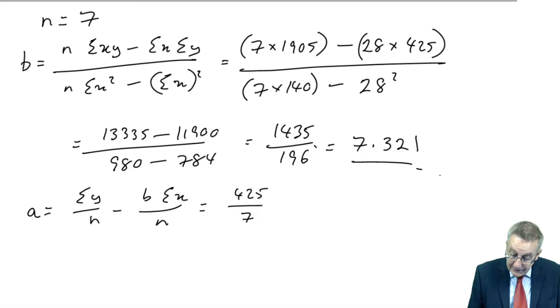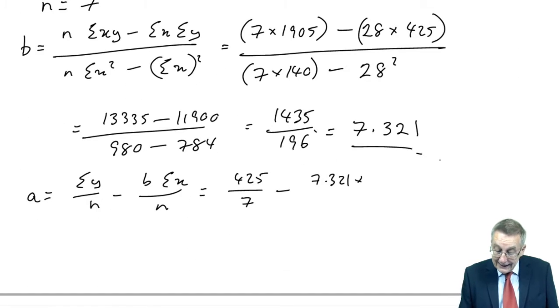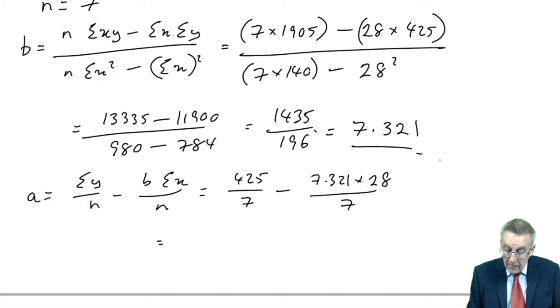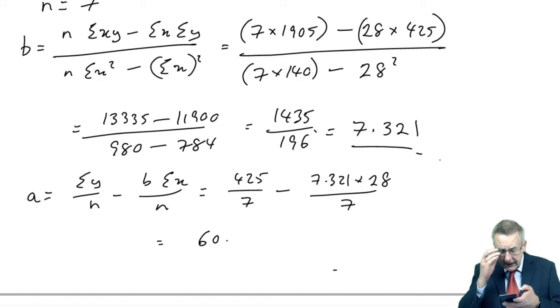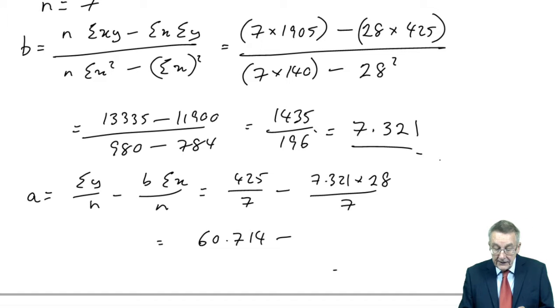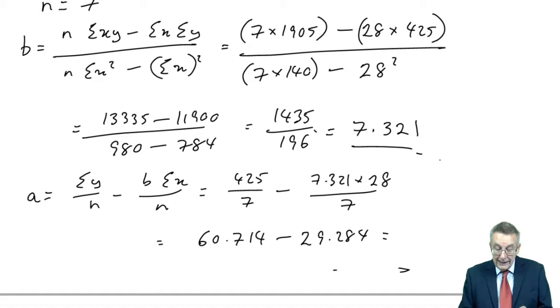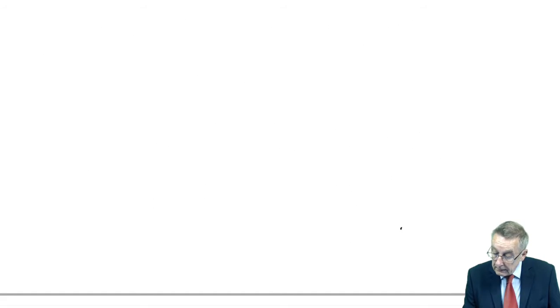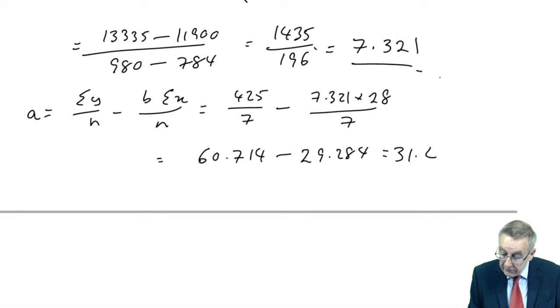B, we've calculated, is 7.321 times sigma x, which was 28, again divided by 7. 425 divided by 7 is 60.714 minus 7.321 times 28 divided by 7, 29.284, is 31.43.